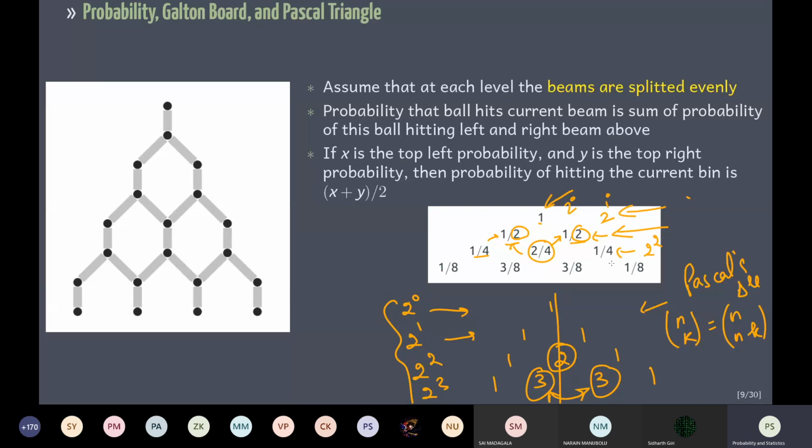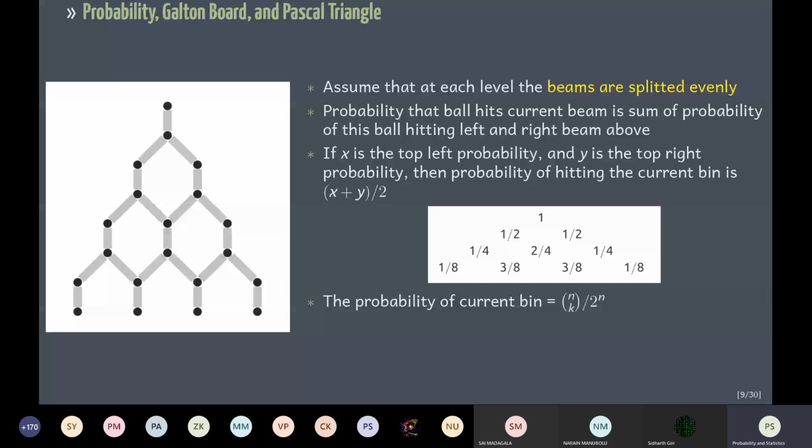So the probability of a ball falling from the top and hitting some beam can be calculated as n choose k over 2 to the n. I made a mistake there, the denominator is 2 to the n. This is how you will identify the probability for any place that you look at.